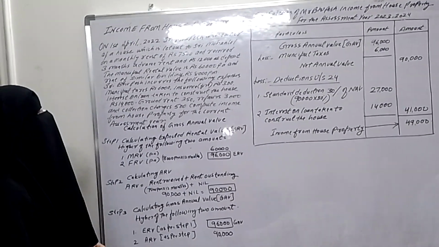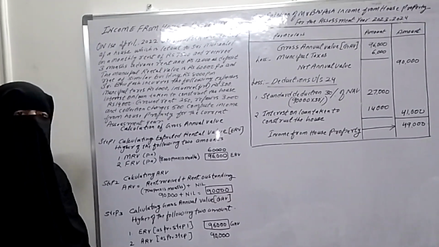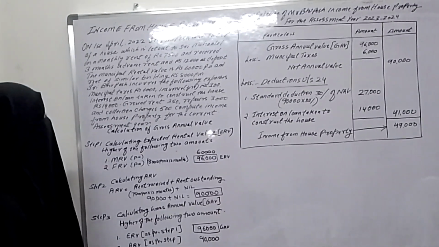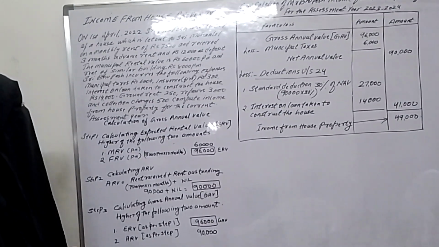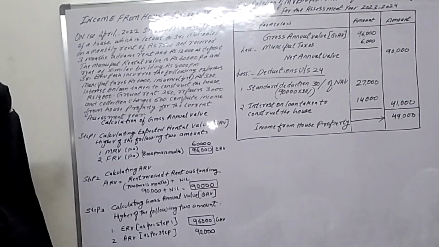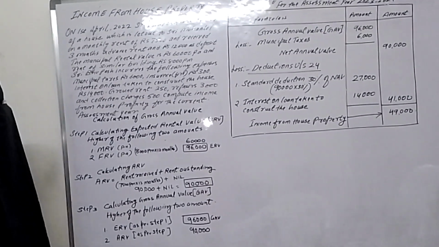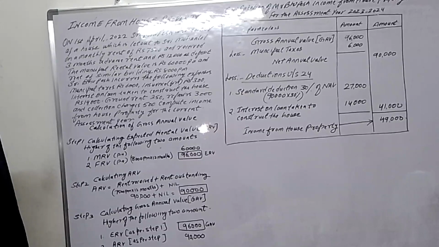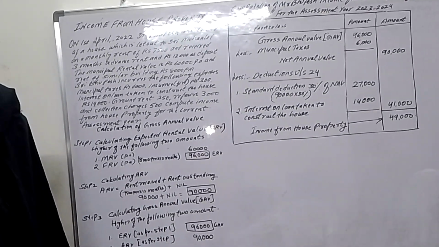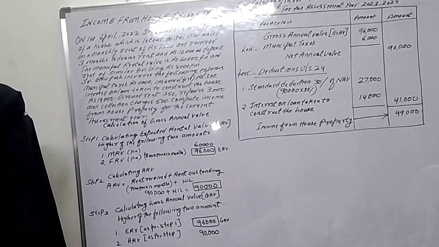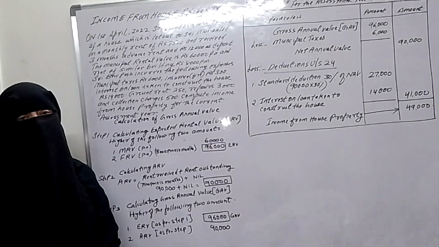And rent of similar building is rupees 8,000 per month. Rent of similar building is nothing but fair rental value. It is also given per month. Sri Bhupesh incurs the following expenses: municipal tax 6,000, insurance fire rupees 300, interest on loan taken to construct the house rupees 14,000, ground rent 250 rupees, repairs 3,000 and collection charges 500. Compute the income from house property for the current assessment year.